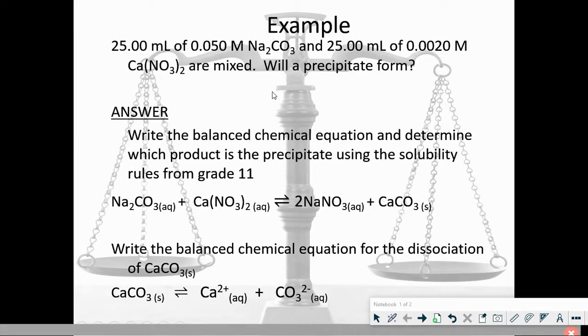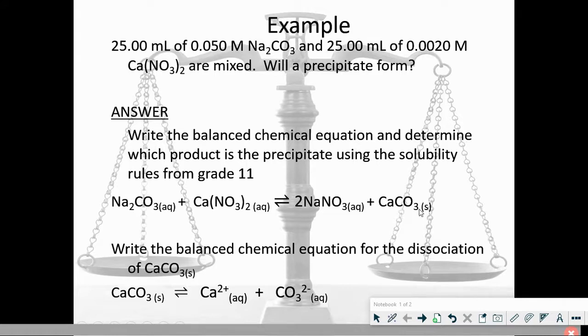Here's an example. We have two solutions, sodium carbonate and calcium nitrate. Will a precipitate form? They give you the volume and the concentration of each of the solutions. So, your first step is to write a balanced chemical equation of sodium carbonate and calcium nitrate. There you go. You'll use a double displacement reaction to form a precipitate here.